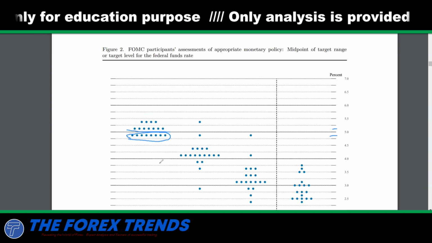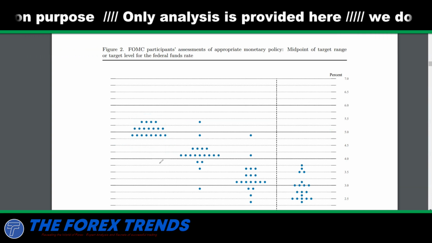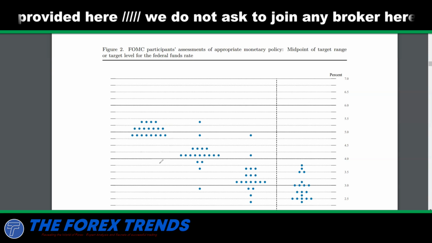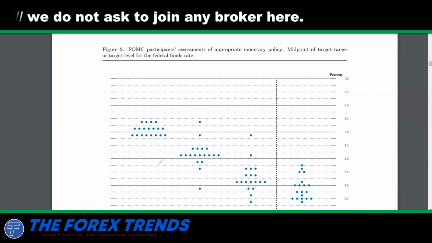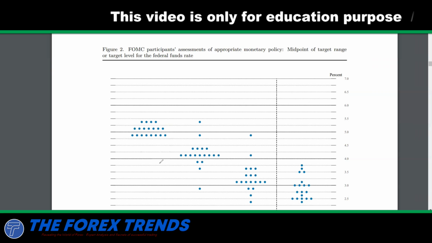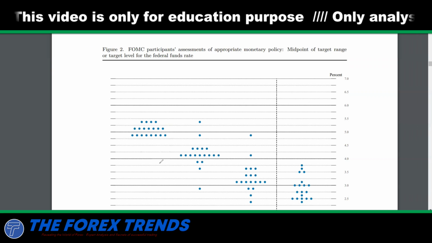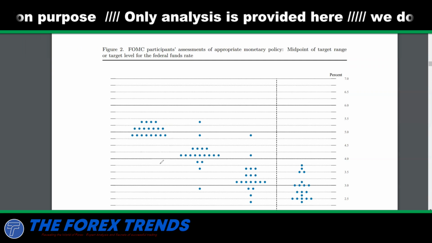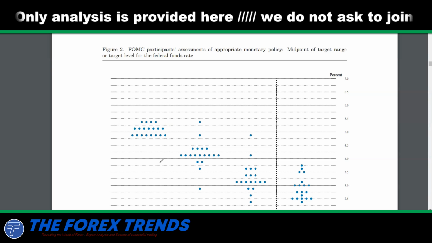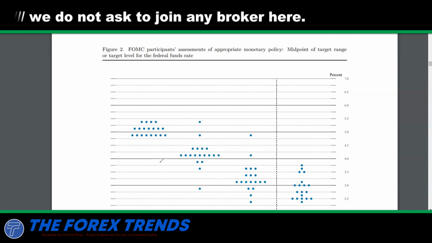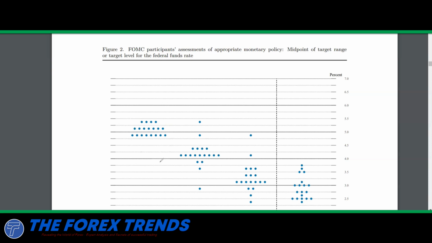So if I summarize the whole fundamentals, the Fed members are still giving hawkish statements, as we heard yesterday night, but their projection includes one rate cut by the end of this year.